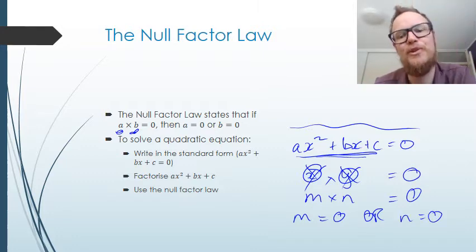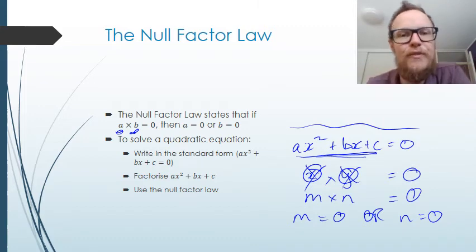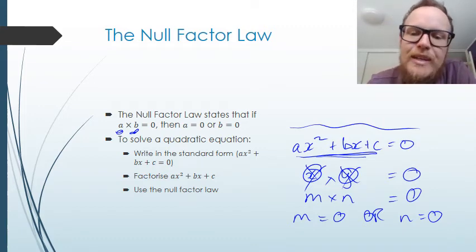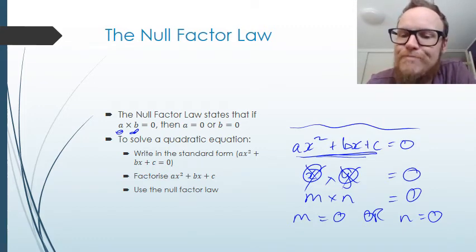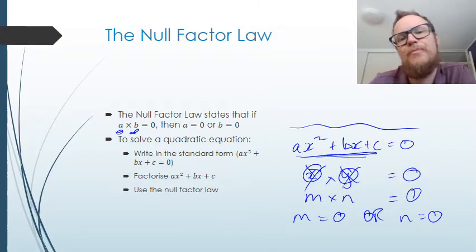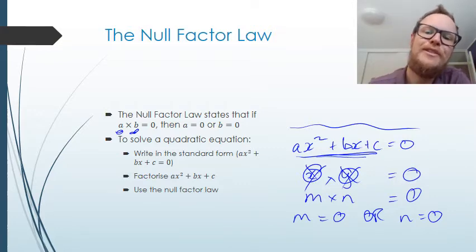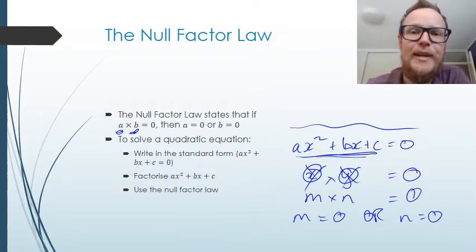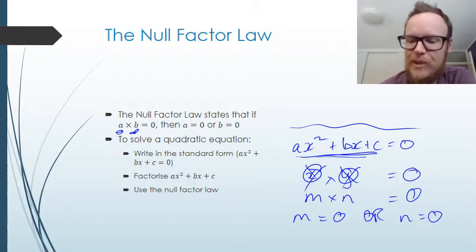That's a possibility too. And then if m or n are in terms of x, I can simplify them and find out what x is going to actually equal, and I can solve it. So we rely on some prior knowledge here. We need to remember how to factorize those quadratics. So we're going to do some examples now.